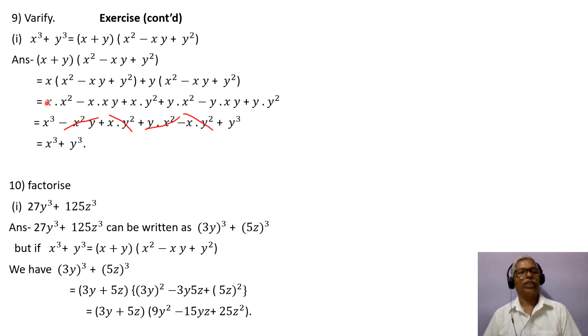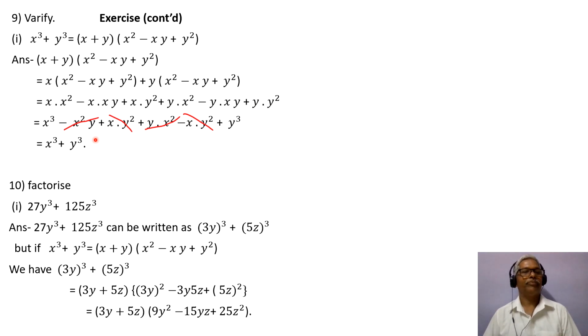Now actual multiplication. So x into x square minus x into xy plus x into y square plus y into x square minus y into xy plus y into y square. So this equals x into x square is x cube minus x square y plus xy square plus yx square minus xy square plus y cube.